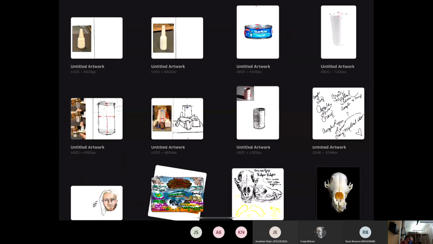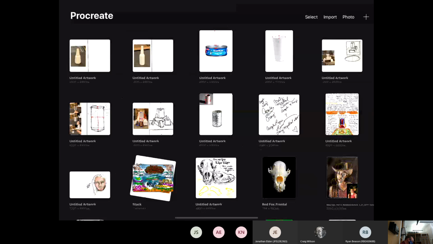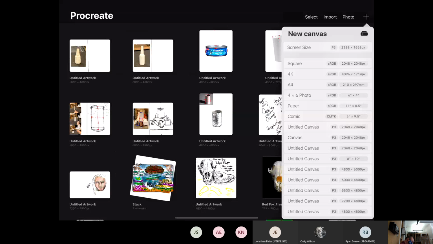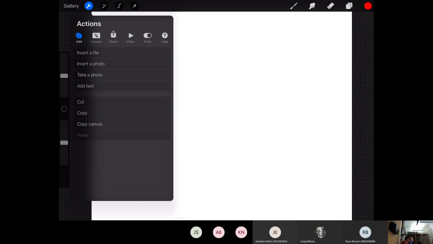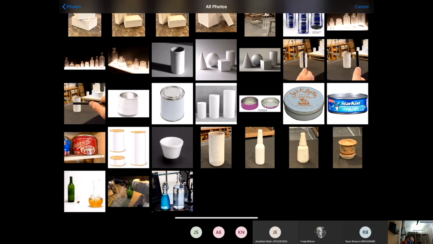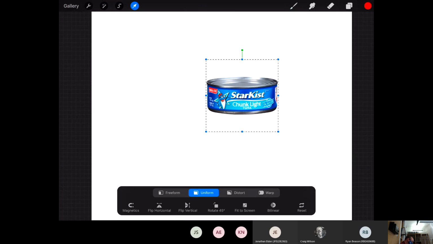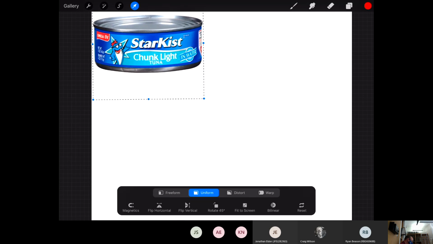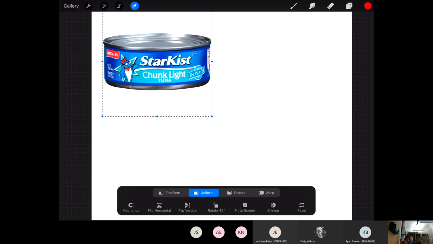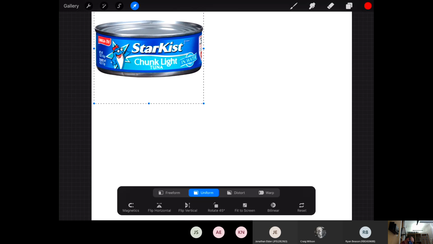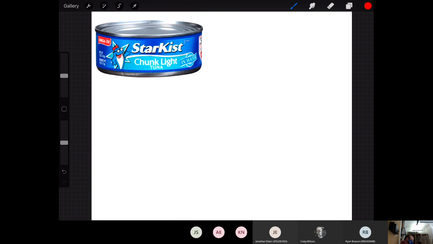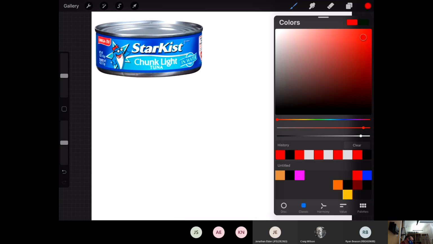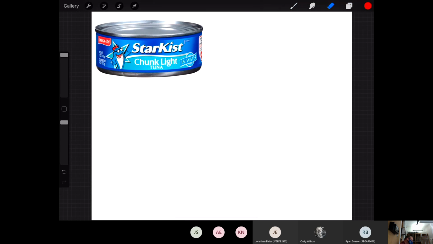So I'm going to try one more thing, and then we'll do some drawings. Let's do the tuna can. Okay, so there's Charlie Tuna, right? So the first thing that I need to do is determine what kind of height I want to make him, right?